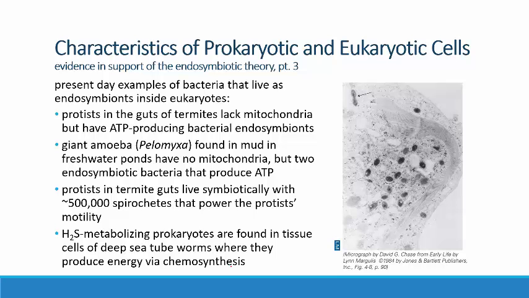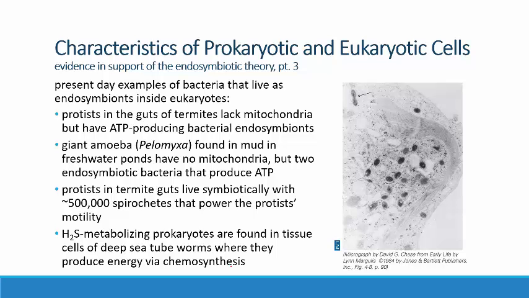As well, the protists found in termite guts, the ones that have the mitochondria-like endosymbionts, also have attached to them something on the order of 500,000 spirochete bacteria. And those spirochetes are acting like spirally flagella that give the protist the ability to move around.